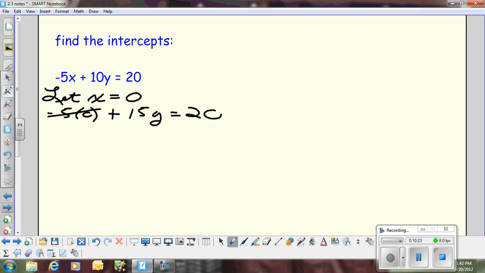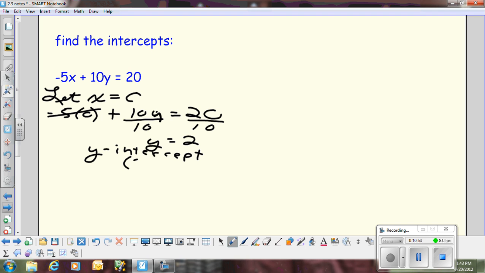So that's 0 plus 10y, and I divide both sides by 10, and I get y equals 2. So the y-intercept is the point 0, 2. Remember, x equals 0, y equals 2, so that's the y-intercept.